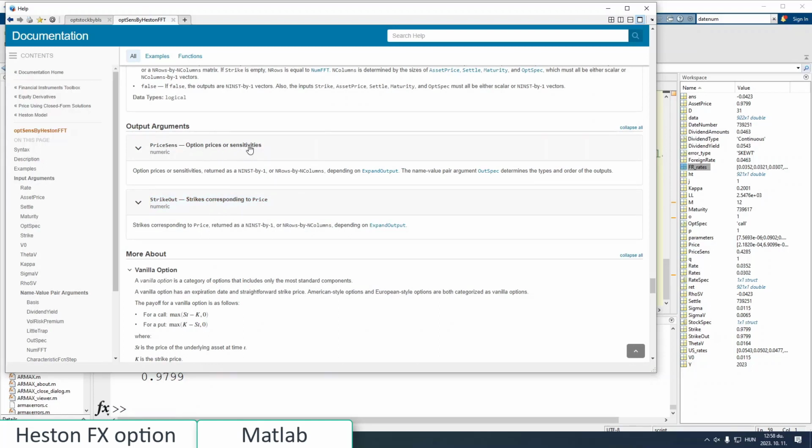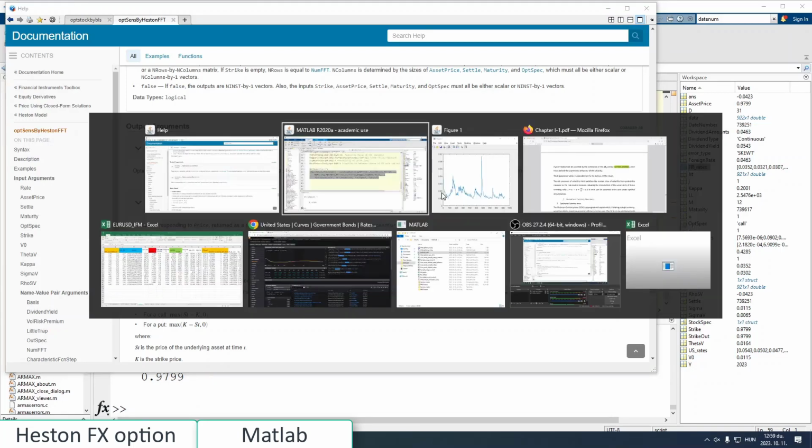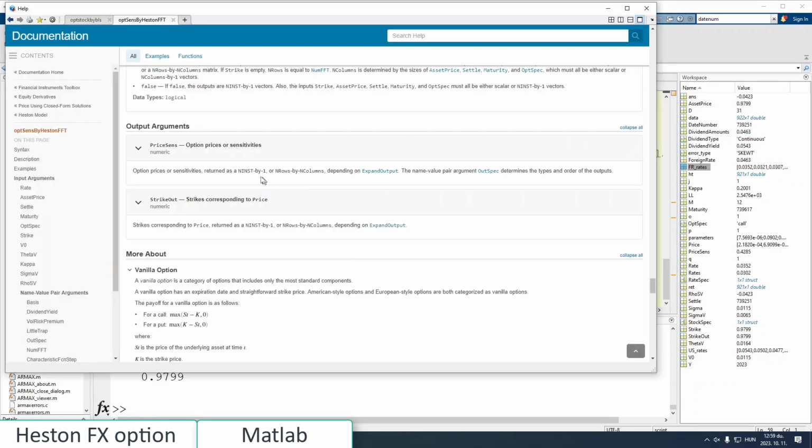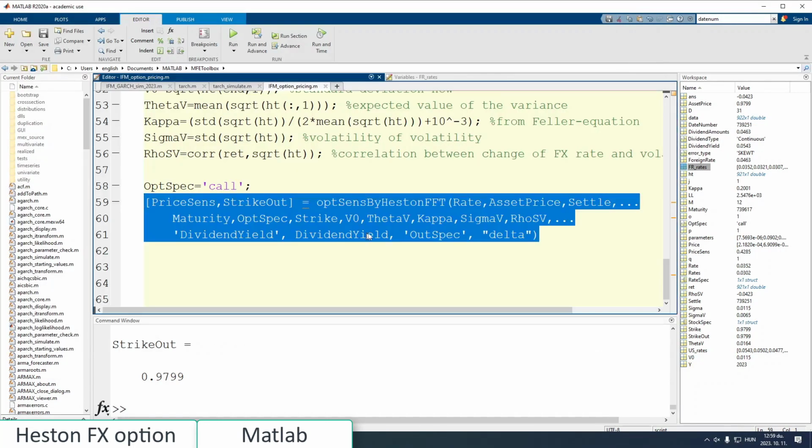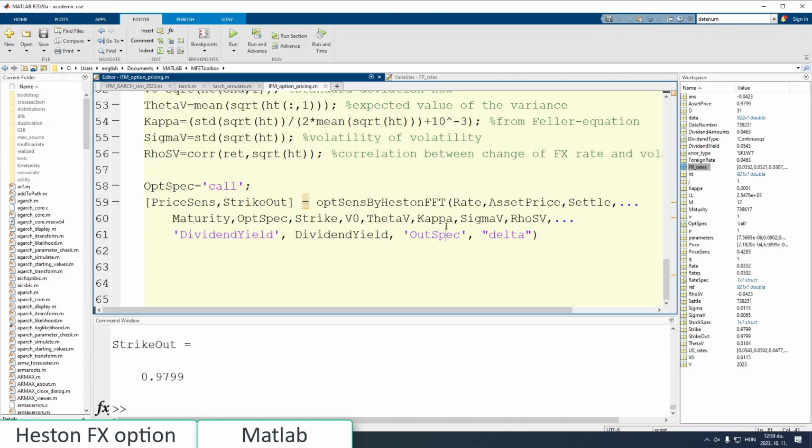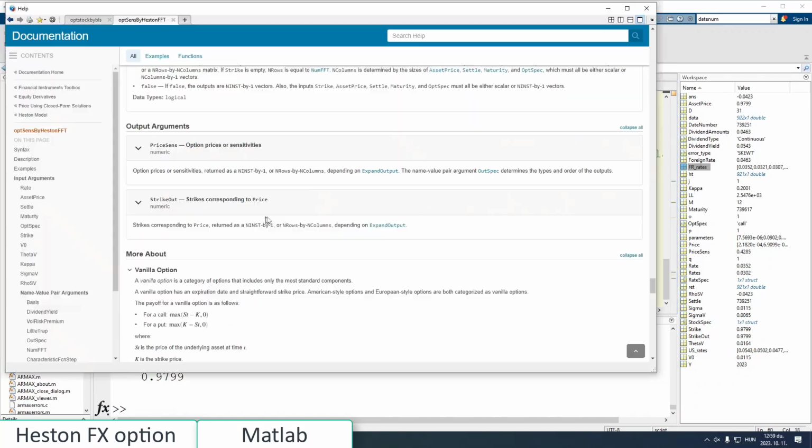And how can I change? Name pair, value, and OSPEC determines the types and order of. Why can't you just give me option fee? Why have things like this? OSPEC.